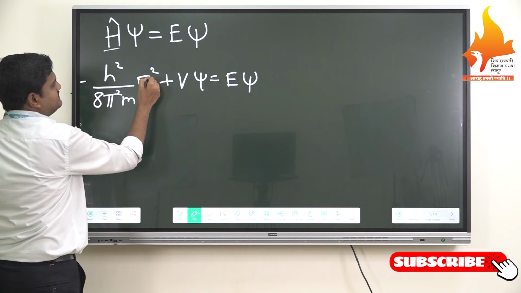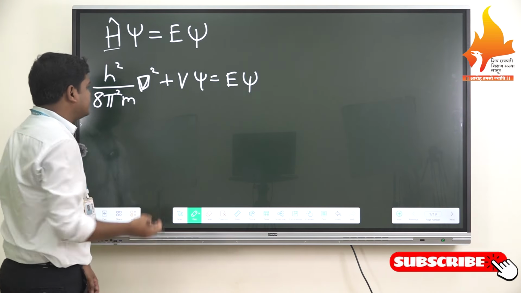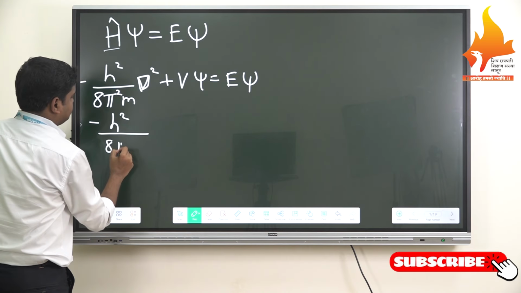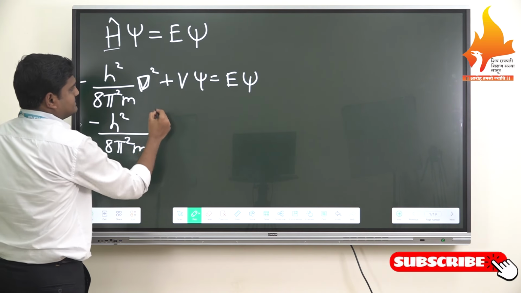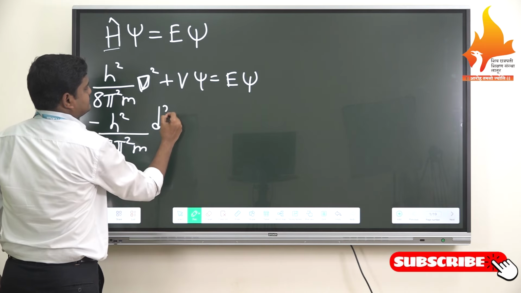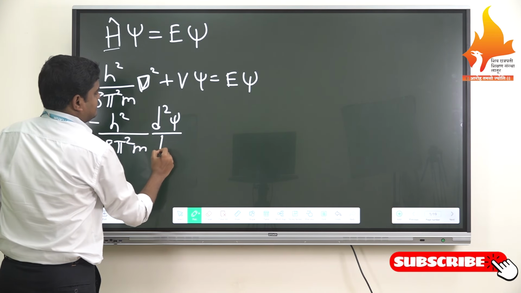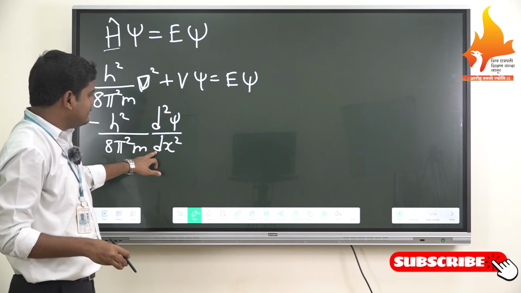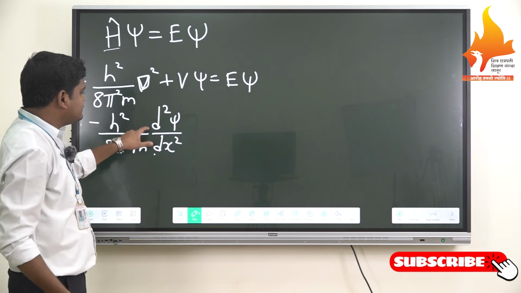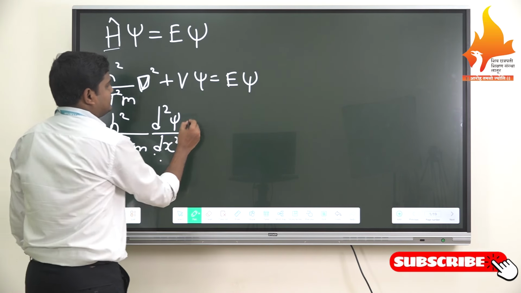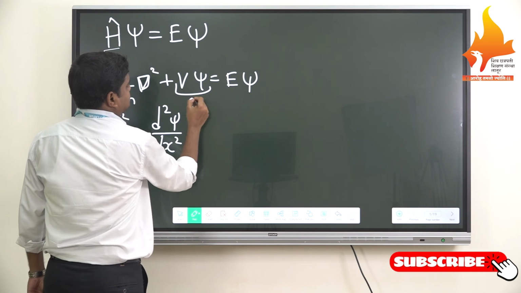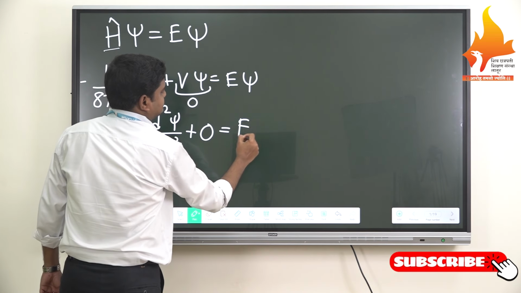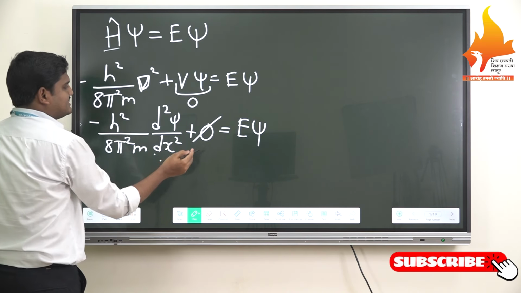Here del we only take in the x direction, so we have h square divided by 8 pi square m, and del square psi is d square psi by dx square. We take the derivative of psi with respect to x, and again the derivative with respect to x, that is the double derivative. Here V psi is equal to 0, as the particle is inside the box, then E psi remains. Here this term cancels out.